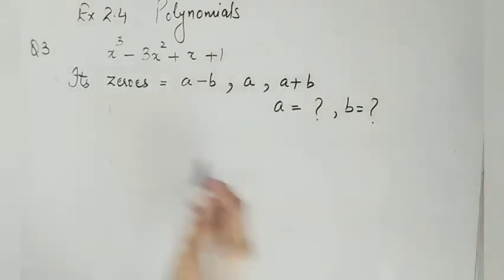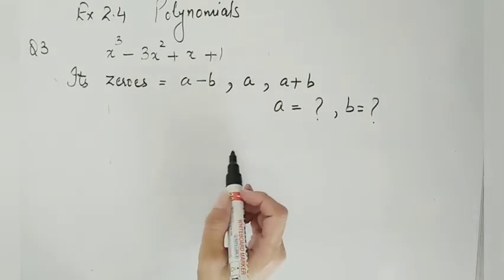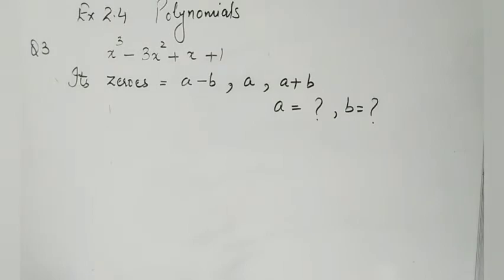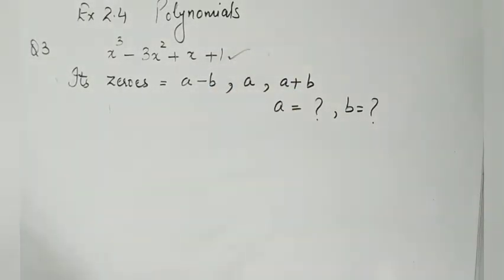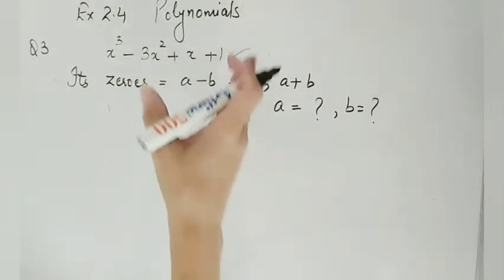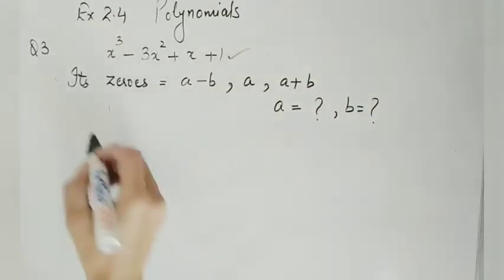It's a cubic, so sum of zeros. We would substitute the values. First of all, let us label this polynomial by some other variable rather than a, b, c, because it would confuse us with whatever is given in the form of zeros.